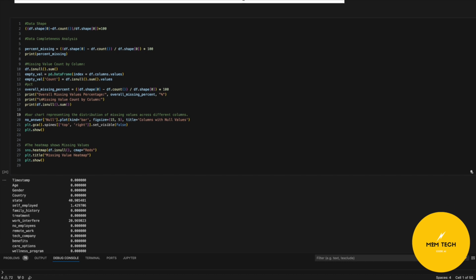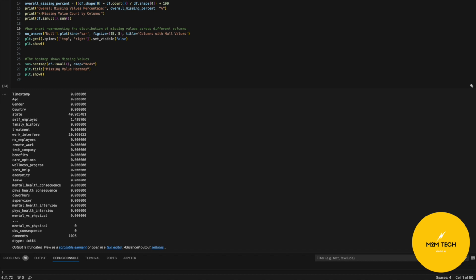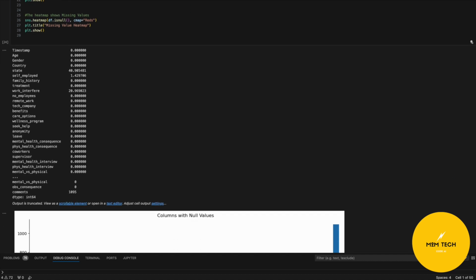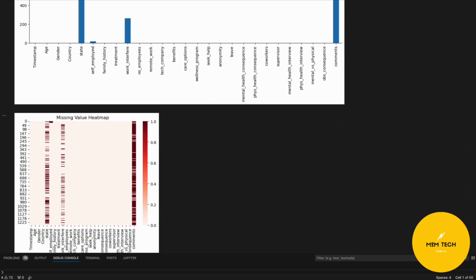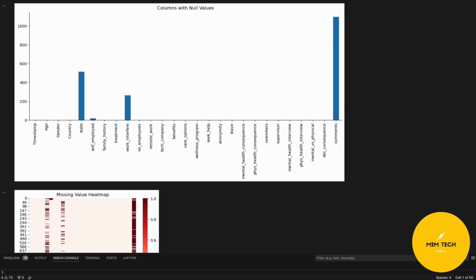Looking at the shape of the data, we can see the missing value count, and just like we saw, it's state, work interfere, and comments. Here's the same thing in a heat map, just because it's a visualization notebook.